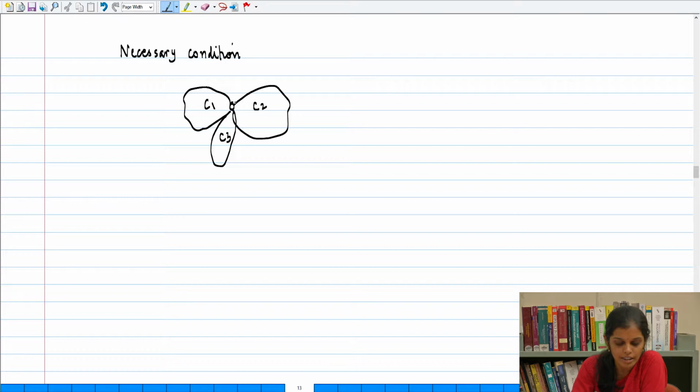But this cannot be possibly true because you have a whole component C2 to visit and a component C3 to visit. So clearly if the graph is Hamiltonian, it cannot have a cut vertex, correct? So we will just go a little further. Everybody okay that it cannot have a cut vertex? Okay. So now let us look at what we saw yesterday, bipartite graphs.